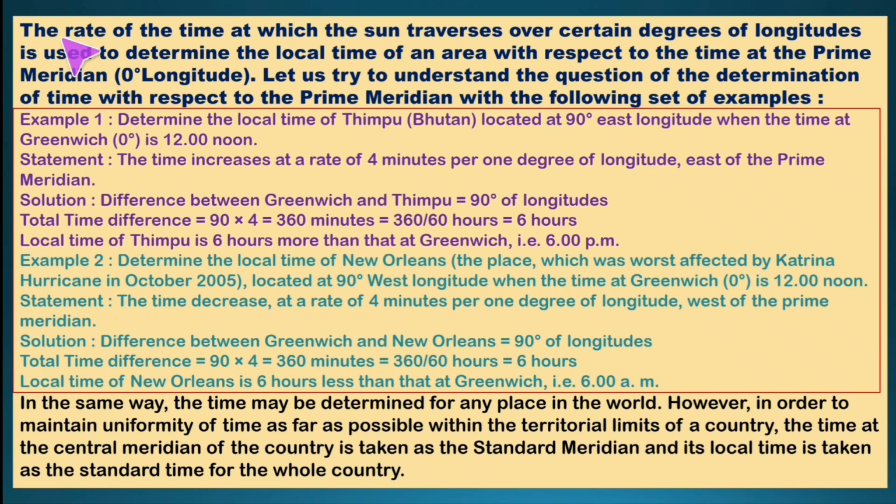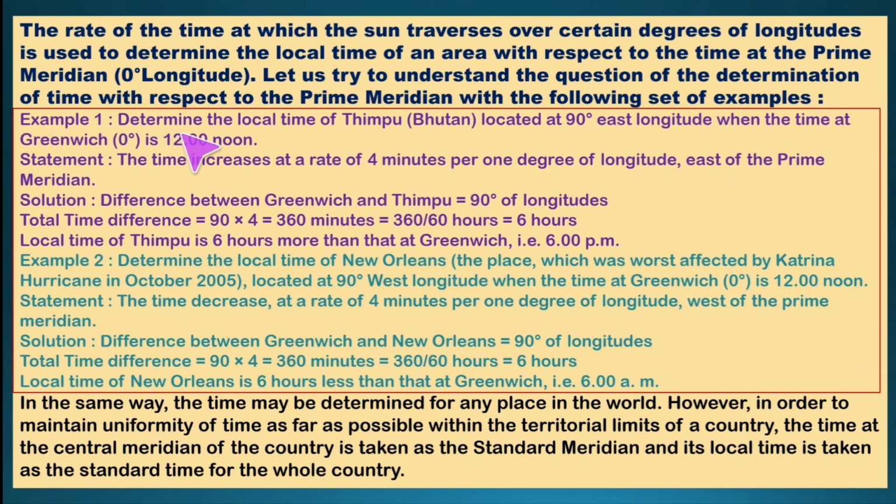The rate at which the sun traverses over certain degrees of longitude is used to determine the local time of an area with respect to the time at the prime meridian, that is 0 degree longitude. Let us try to understand the determination of time with respect to the prime meridian with the following set of examples.